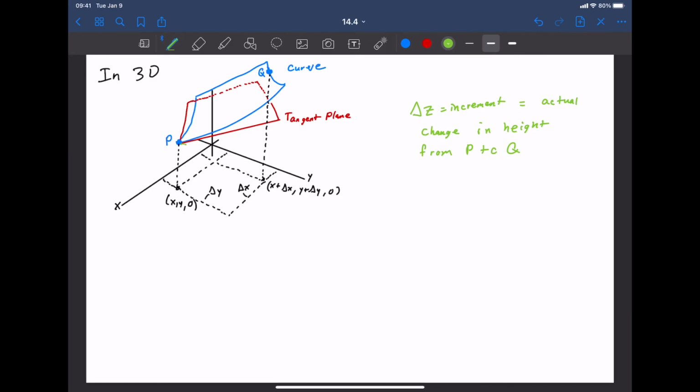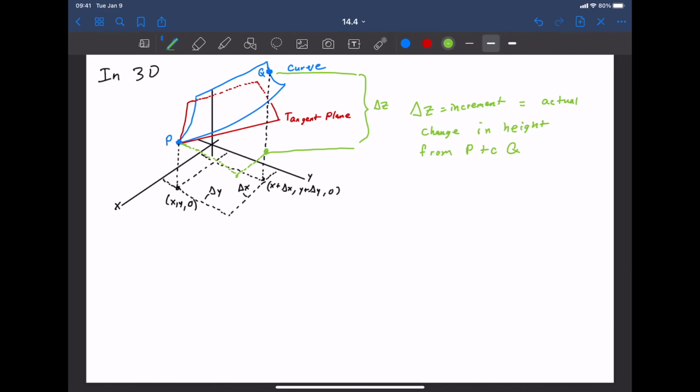If you can trace along parallel and everything to these lines, trying to stay parallel to the plane, this is the gap that we would call the change in the height of z.